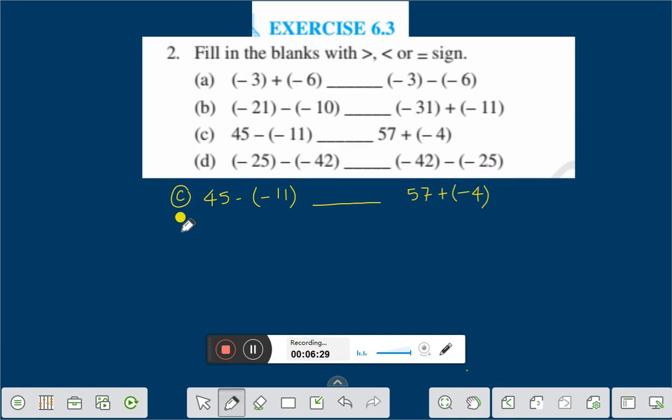Now first we'll solve left hand side. Left hand side is equal to 45 minus into minus is plus 11. If we add 45 with 11, 5 plus 1 is 6, 4 plus 1 is 5. This is left hand side.